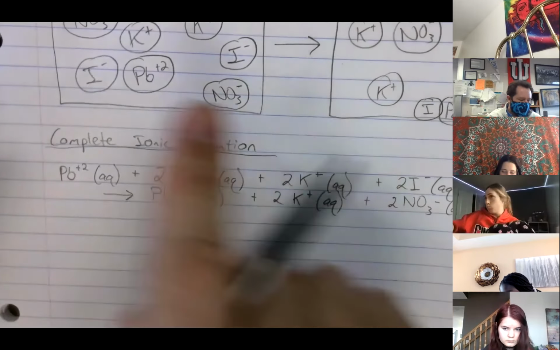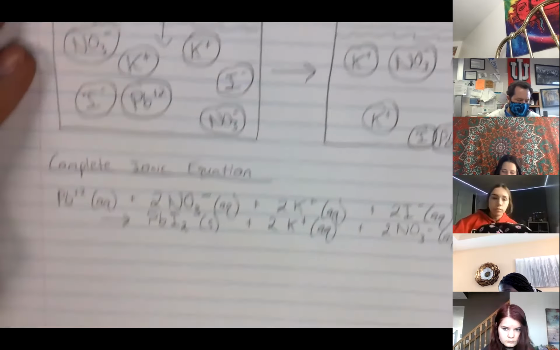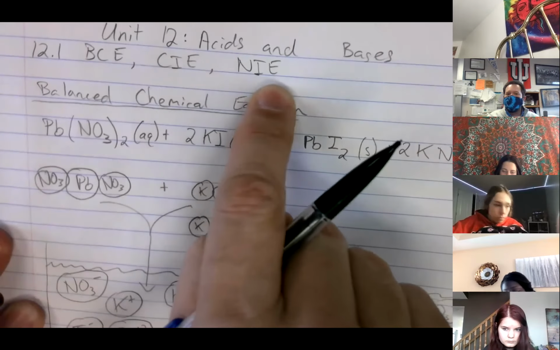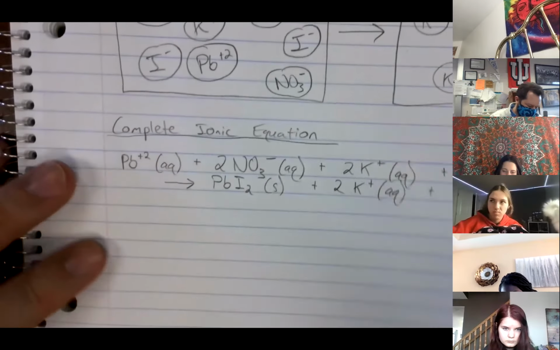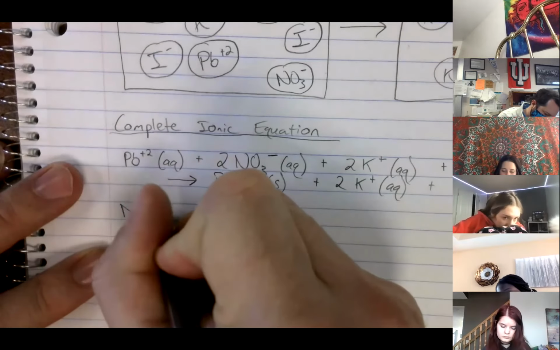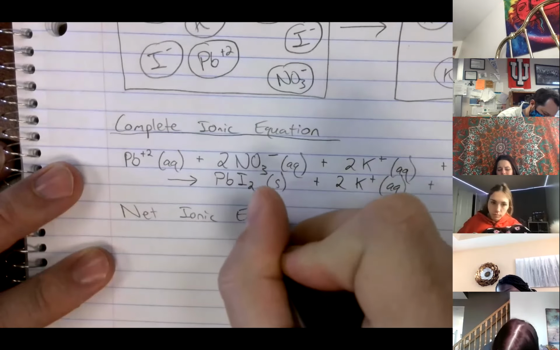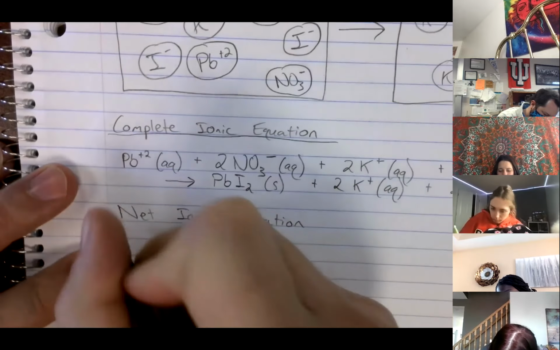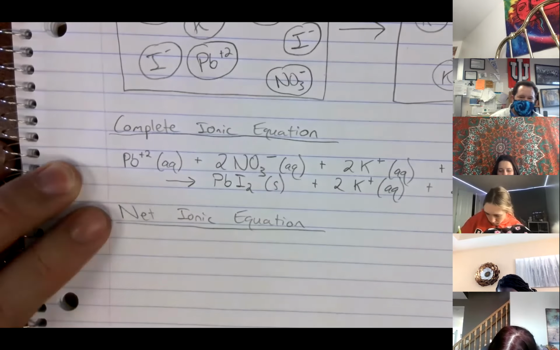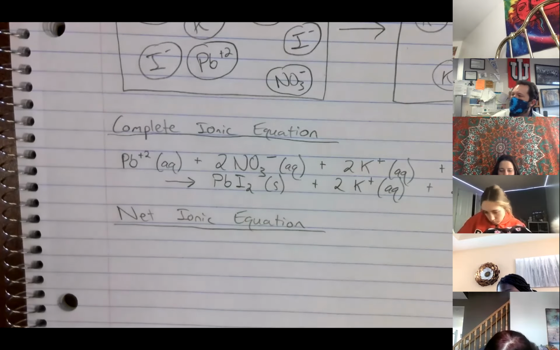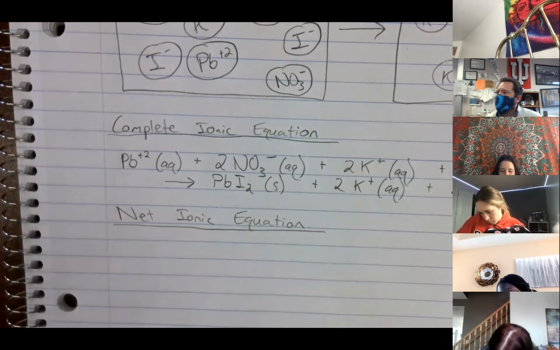We'll take a little note over that in just a second, but first, let's finish up describing what's going on here. So this is the CIE. We also have to take a look at the NIE, the net ionic equation. You guys have heard the term net before?